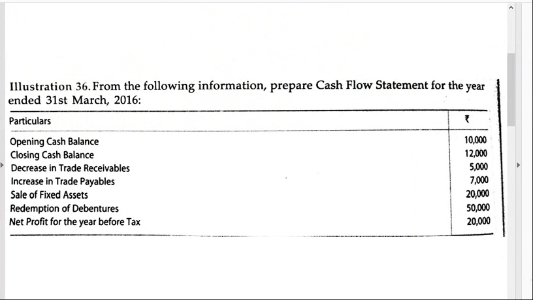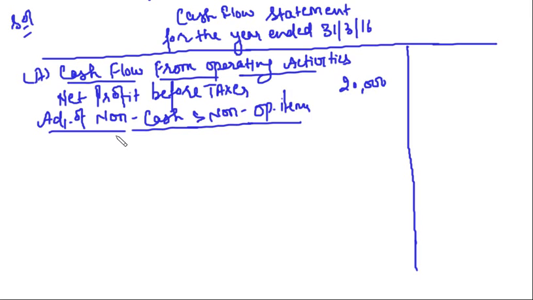Cash balance, no. Trade receivables, no. Trade payables, no. Sale of fixed asset for 20,000, no. Redemption of debentures, no. Net profit, we have already taken. So there is nothing related to the non-cash and non-operating items, right? Then we do adjustment of working capital changes, isn't it?